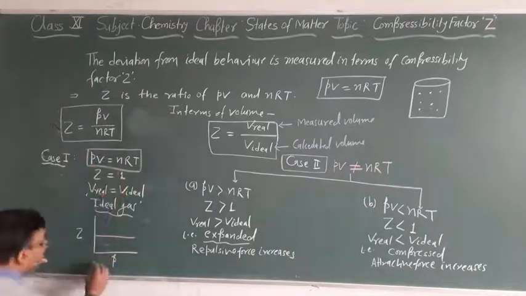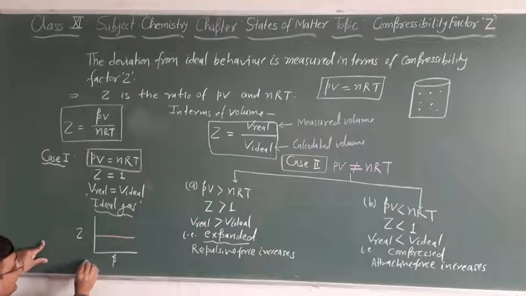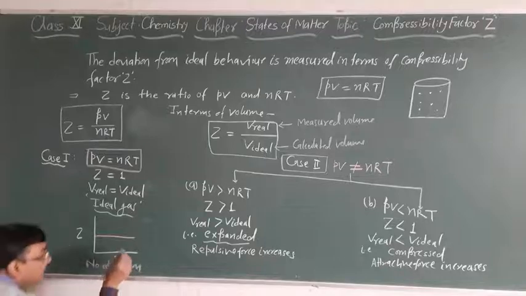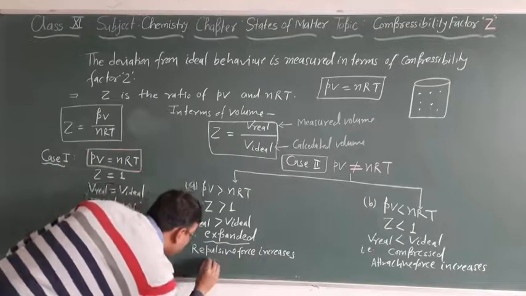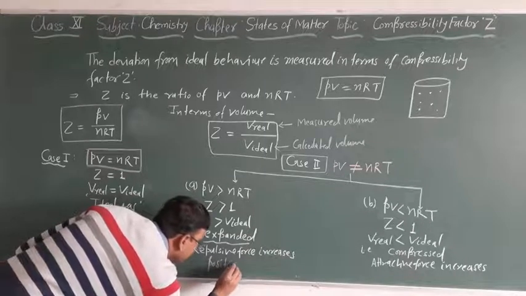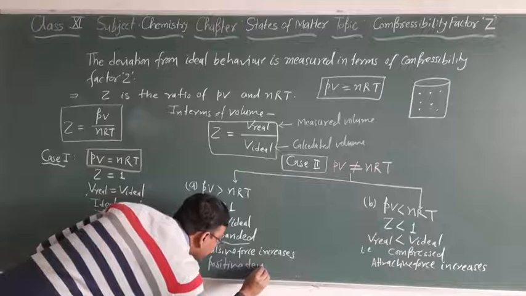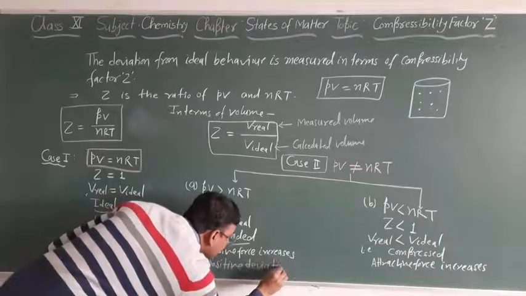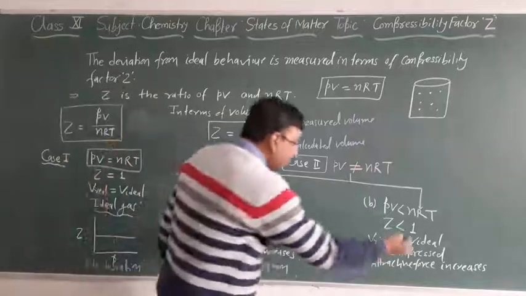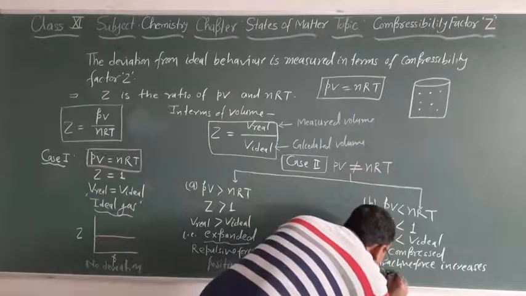Here, no deviation. In this case we can write no deviation. In this case, positive deviation. You remember this point: Z is greater than 1, positive deviation. Z is less than 1, negative deviation.